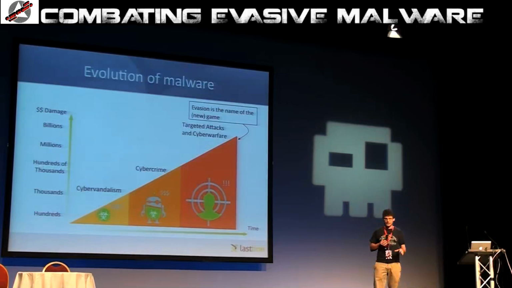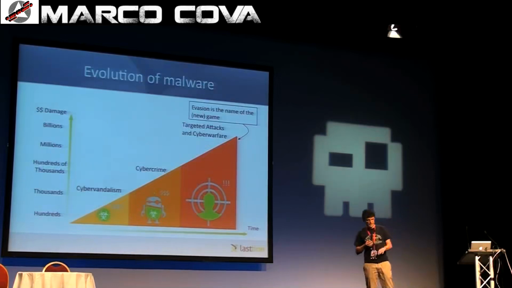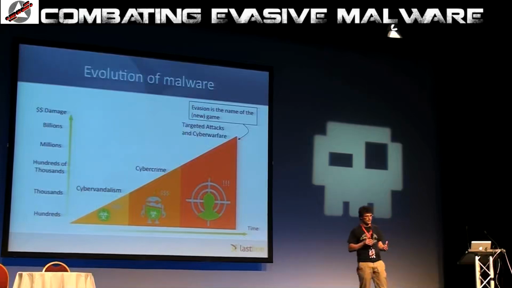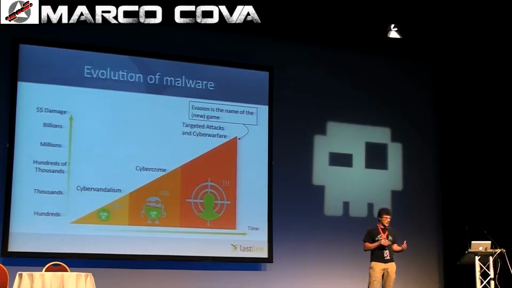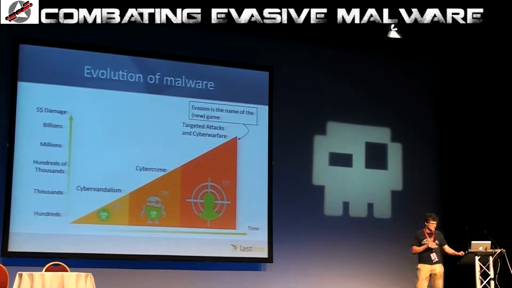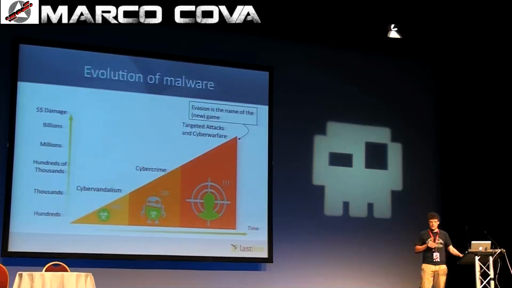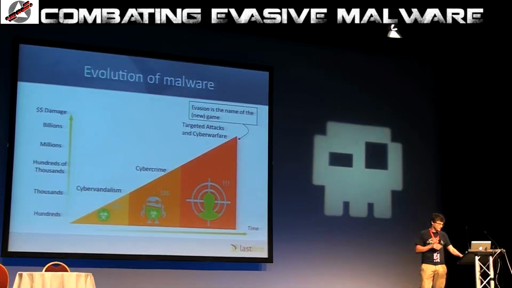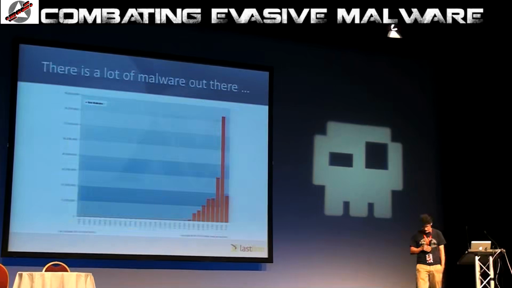What really is interesting is how malware tries to evade detection by security companies, security researchers. That's where really, if you want, the innovation from the malware authors has gone into. So that's why we say evasion is the new game that we as defenders have to fight against.